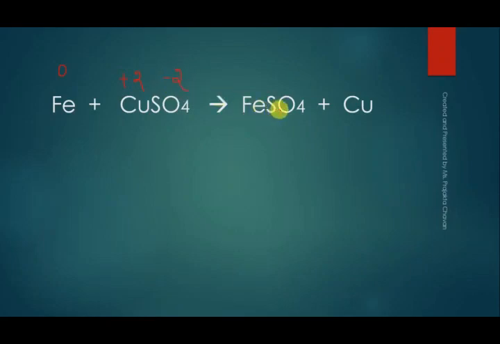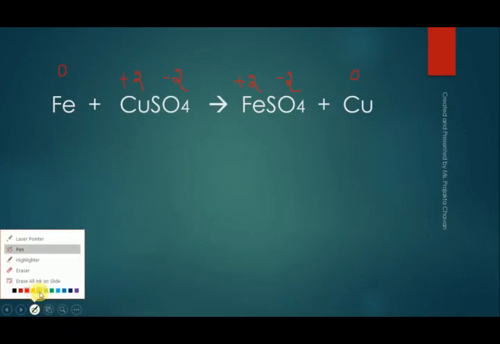Then on the product side, it is ferrous sulfate. For ferrous, the charge is +2. For sulfate, the charge is -2. Whereas copper is in the elemental form, the charge will be 0. Again, now let us compare.